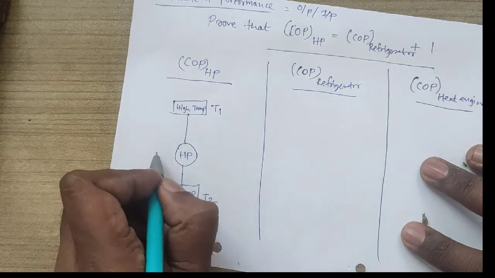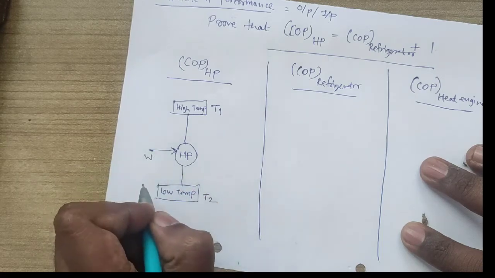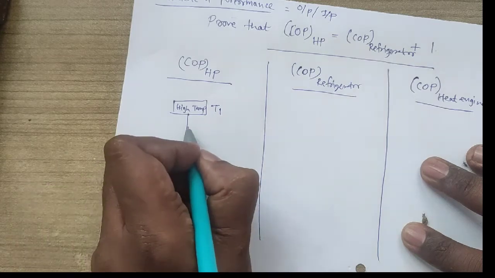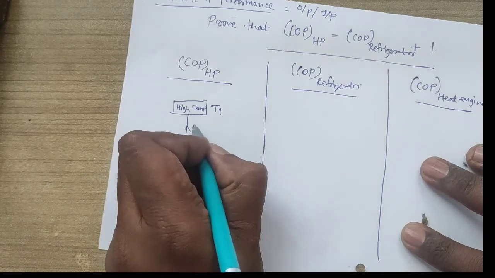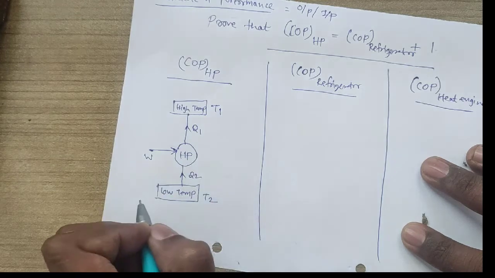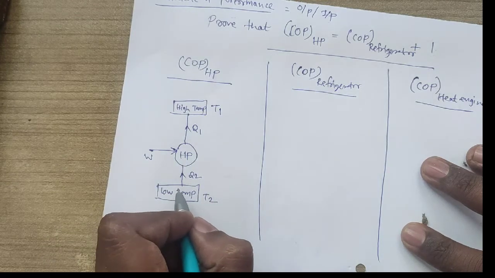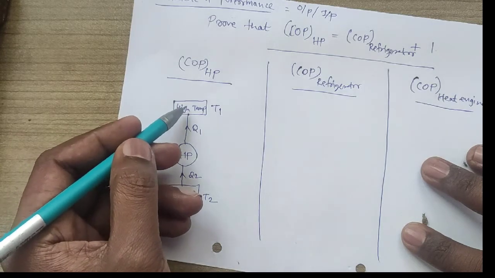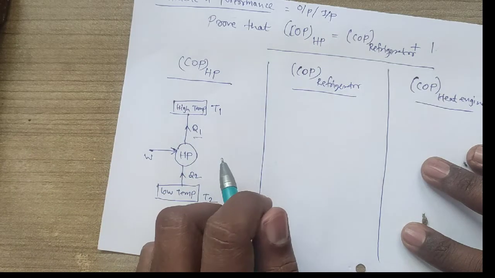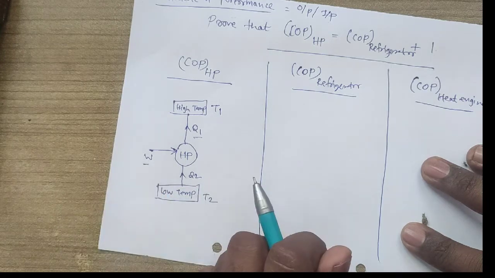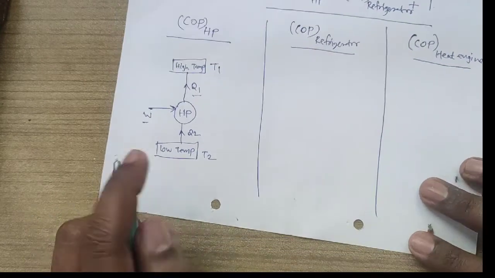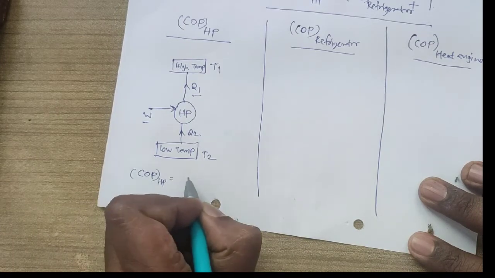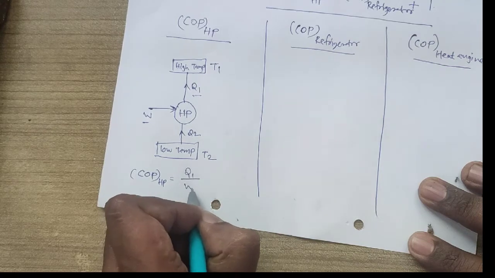With the help of some external work W, we pump heat Q2 from the low temperature reservoir to the high temperature reservoir Q1. So Q1 is our actual output and W is our input. So COP of HP is equal to Q1 upon W.